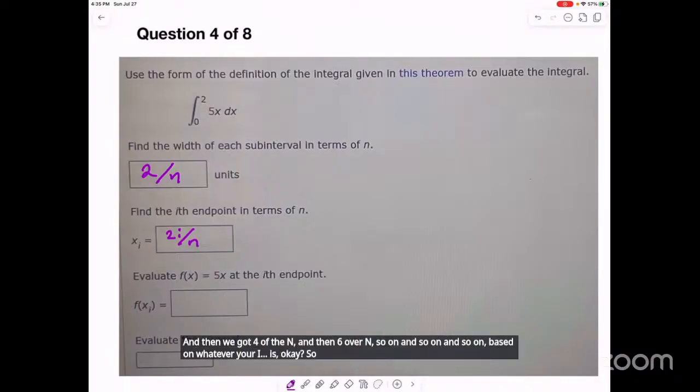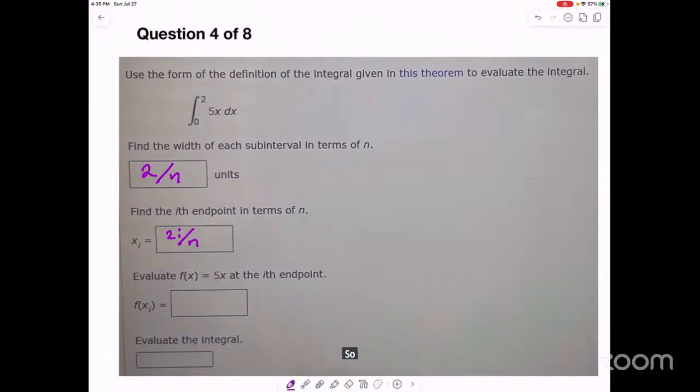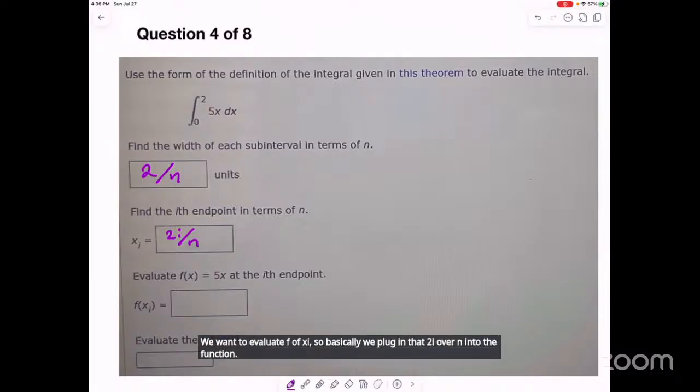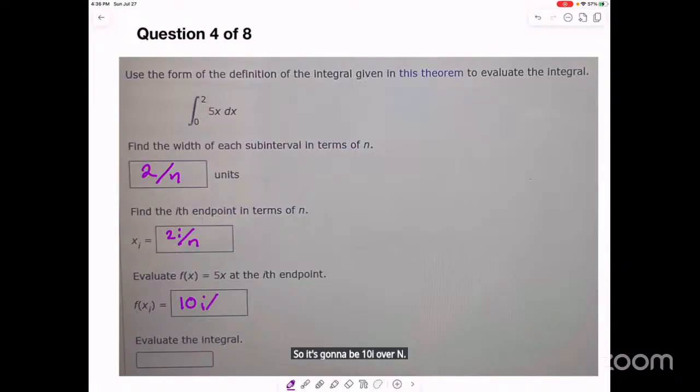So evaluate 5x at the ith endpoint. If each x sub i is 2i over n, we want to evaluate f of x sub i. So basically we plug in that 2i over n into the function. So it's going to be 10i over n, all right? 5 times 2 times i divided by n, okay?